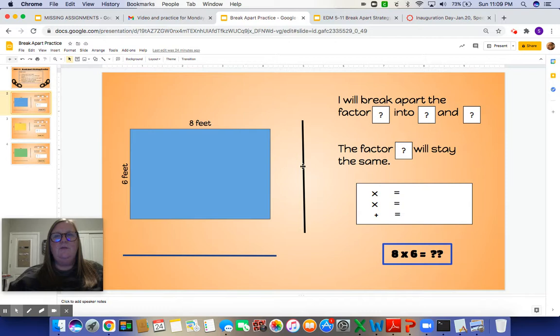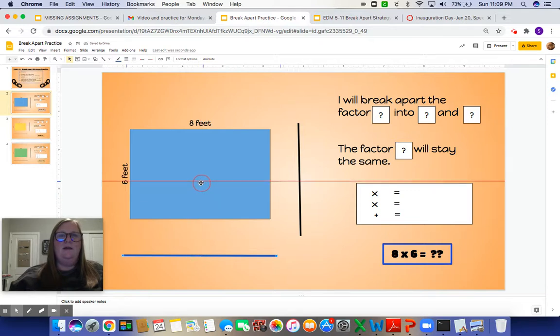So I have two lines here. You can either choose to break this 8 apart into two different numbers, or you can leave that line alone and you can use this line and break it apart this way. You decide, you put the line, whichever one you want to use, and then you tell which factor you're going to break apart.